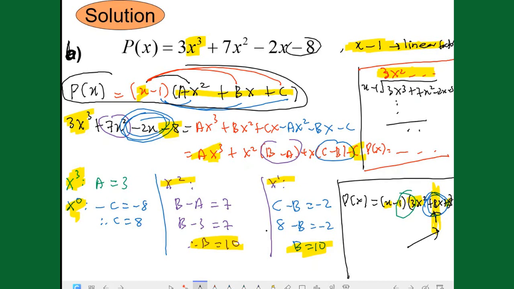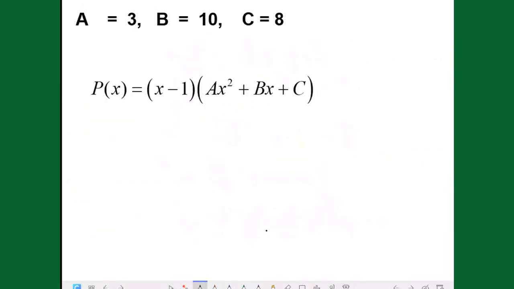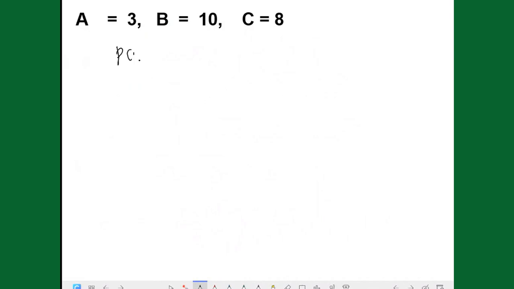So far okay tak you all ni sampai sini? Okay tak? Okay. So sekarang ni you punya Px tadi 3x cube plus 7x squared minus 2x minus 8.